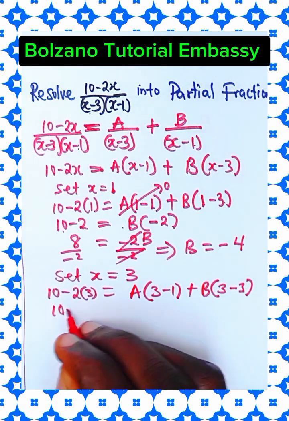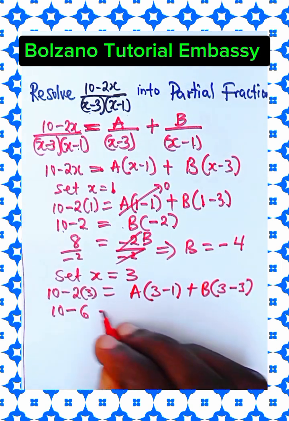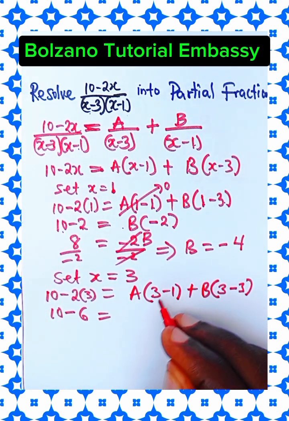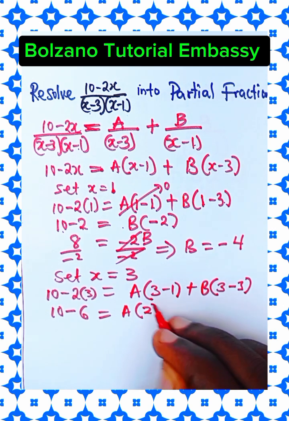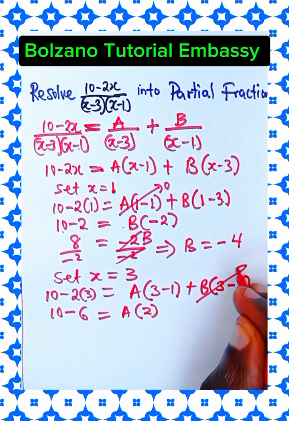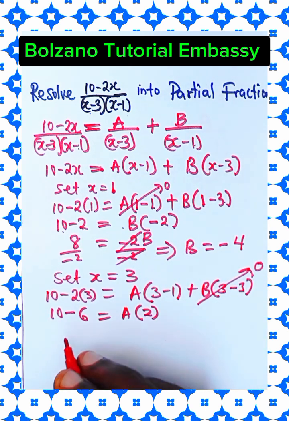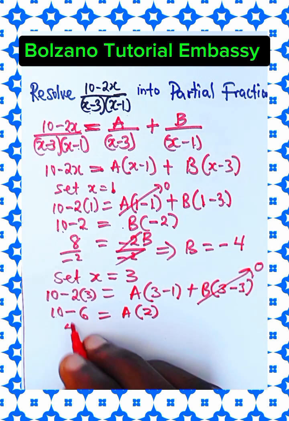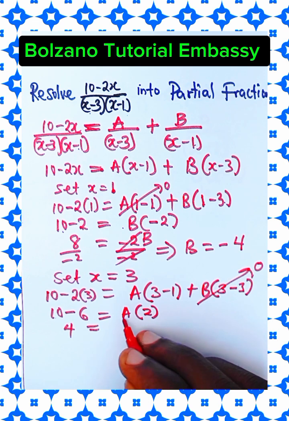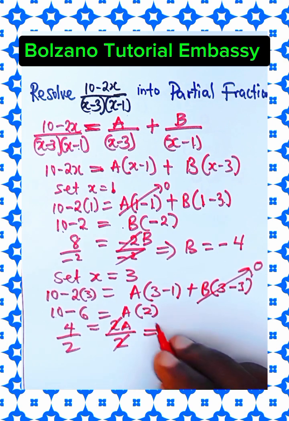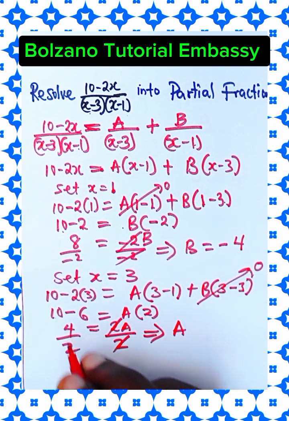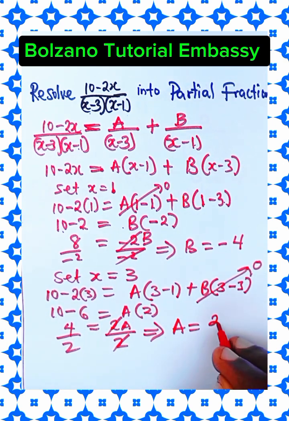Now 3 minus 1 is 2, and 3 minus 3 is 0, so this goes to 0, leaving us with 10 minus 6, which is 4, equal to 2a. To get a, divide both sides by 2, so that this will cancel out. That implies that a, 4 divided by 2, is equal to 2.